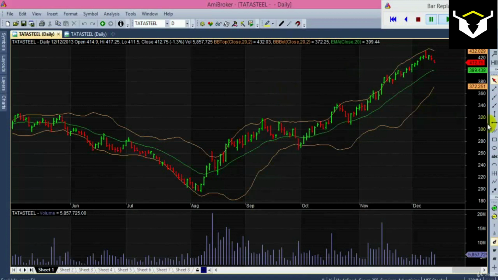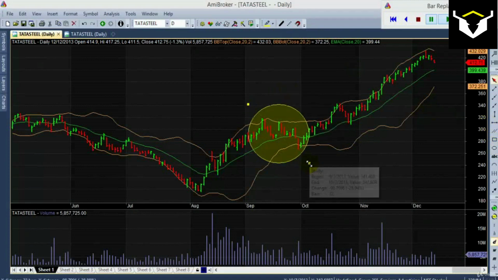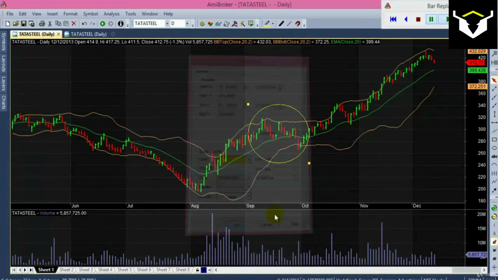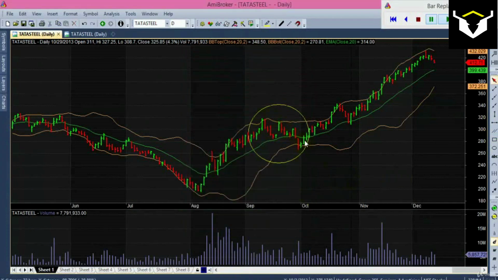As you can see here, a consolidation was in place when prices touched both the levels, and here we could identify a downtrend when prices tend to oscillate between the lower Bollinger Band and the moving average. Similarly, an uptrend can be identified when prices tend to oscillate between the upper Bollinger Band and the moving average.